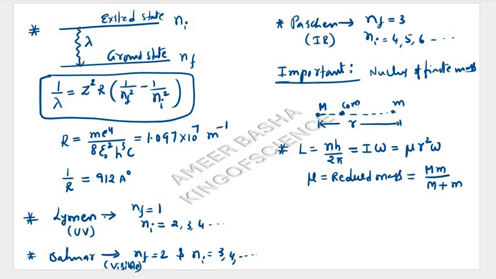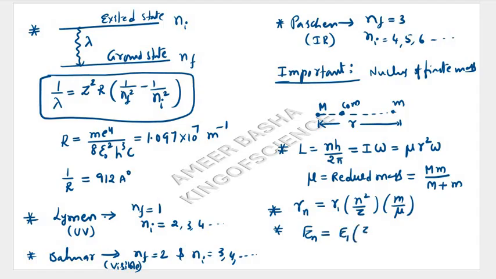So if I consider the finite mass of the nucleus, which also contributes to the total energy, everything will change now. The formula for the radius in the nth orbit will become r1 multiplied by n square by Z. Apart from this, there is another factor, mass of electron divided by reduced mass. Similarly, the energy in the nth orbit comes out to be E1 into Z square by n square into mu by m.